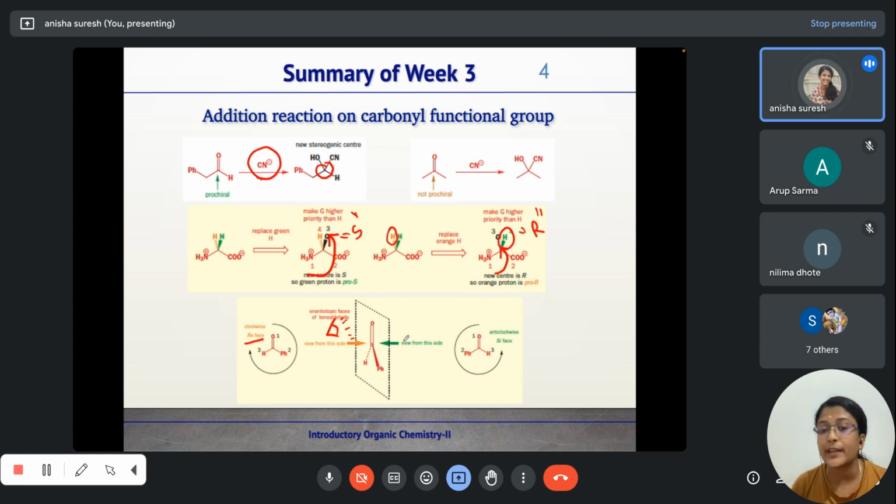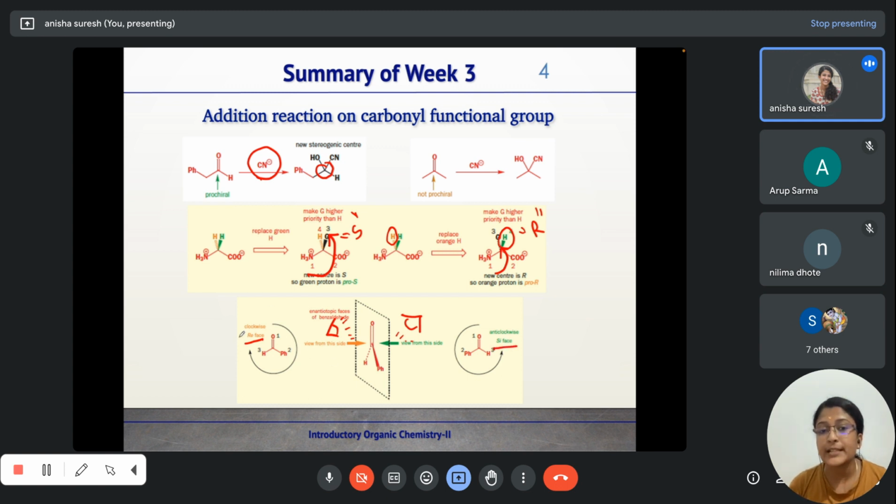And if we are viewing from this side, opposite side, like this, now our right hand side will be hydrogen, and our left hand side will be phenyl, like this. So 1, 2, 3. This is counterclockwise rotation. This face is referred to as Si face.